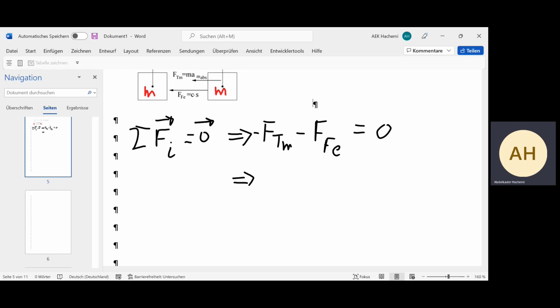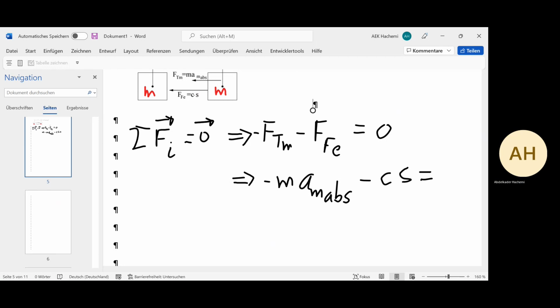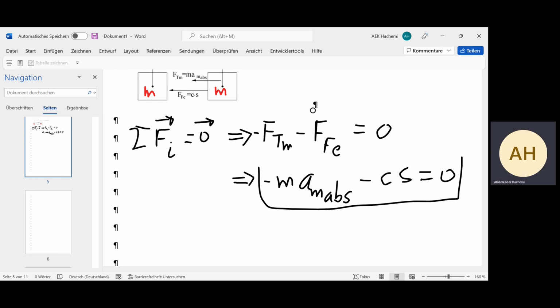That means we have here minus M, the absolute acceleration of m, minus C S equal to 0. This is the equation, and I noted it by 1.